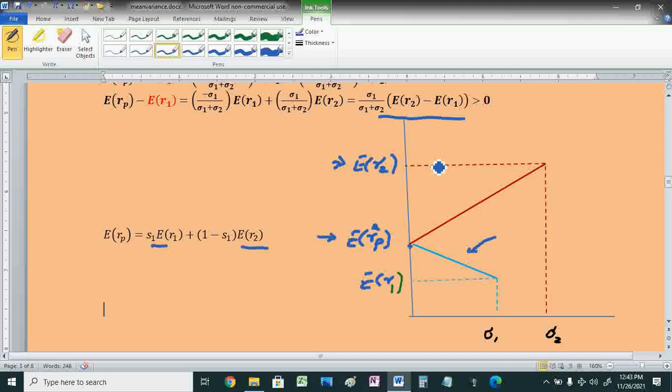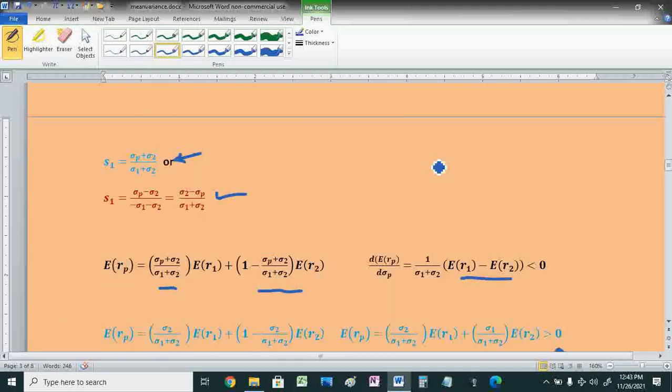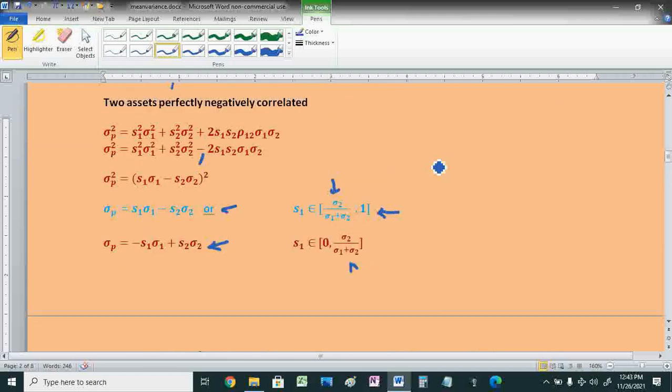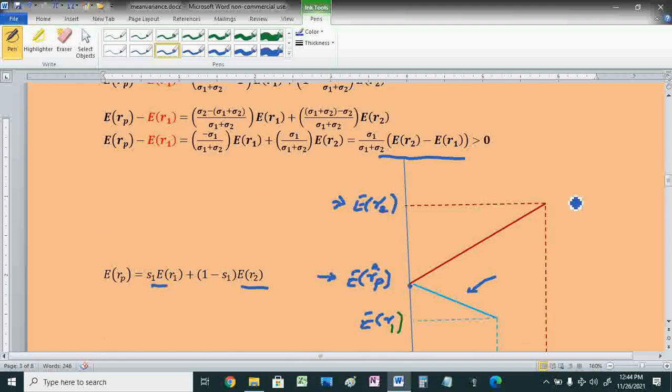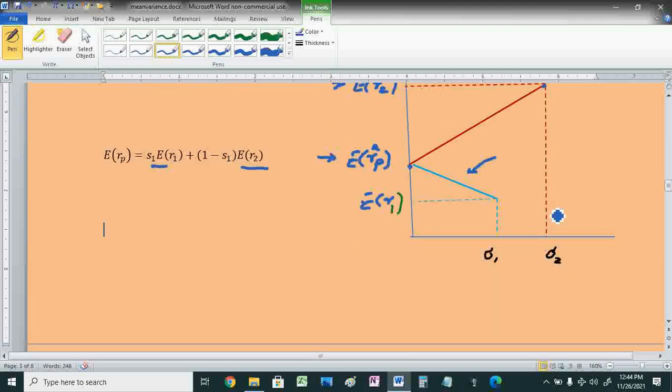And as per this second root, when I put S1 equal to 0 in this equation, this means that S2 is equal to 1 and sigma p becomes equal to sigma 2, and so I have the point here, which is telling me that when S1 is equal to 0, I have expected return on portfolio equal to ER2, and that the standard deviation is equal to sigma 2, and that the portfolio comprises of only security 2.